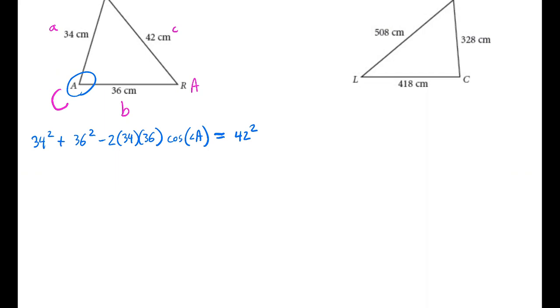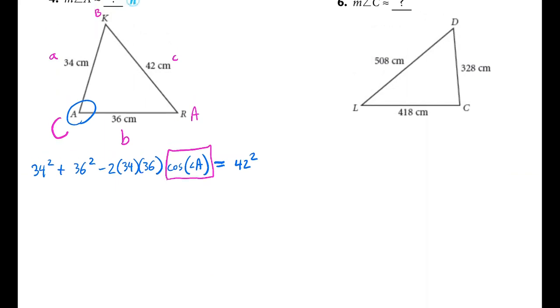Now we got to go ahead and solve to get to the bottom of this cosine of angle A. So to solve this, if I just rewrite a simpler version up here, what I see is like 5 plus, so number plus number minus number times x equals number. This is kind of the way I see it, right?